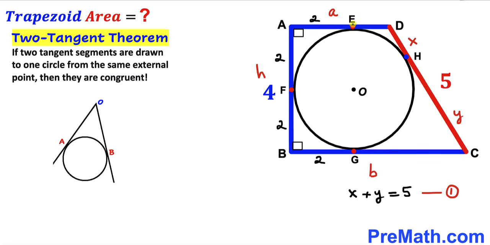Moreover, segment ED is equal to segment DH. If this segment is x, then ED has got to be x as well. And finally, segment CG is equal to CH. If this is y, then this has got to be y as well.